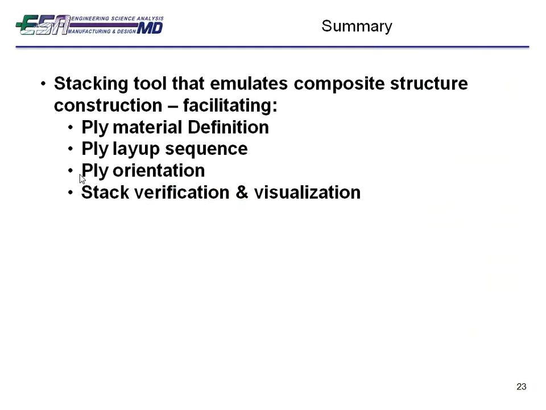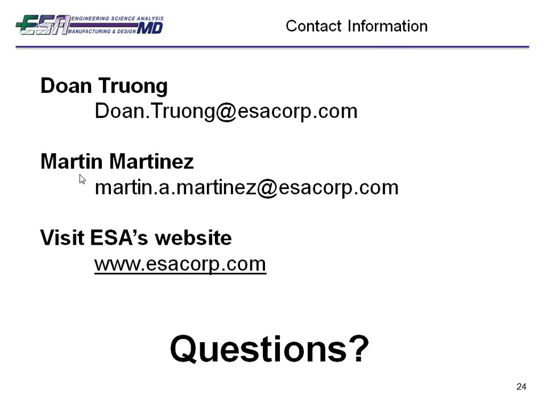It's quite a bit easier to use and more intuitive than the traditional method of applying properties in Patran, where it's a manual process in defining orientations and material directions. Okay. And that completes our technology session here.